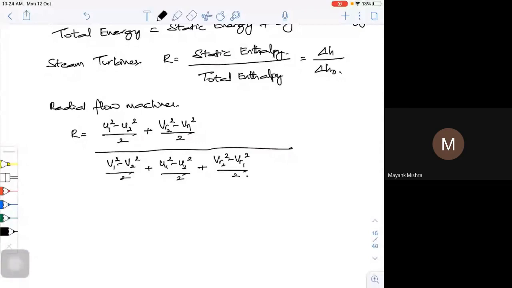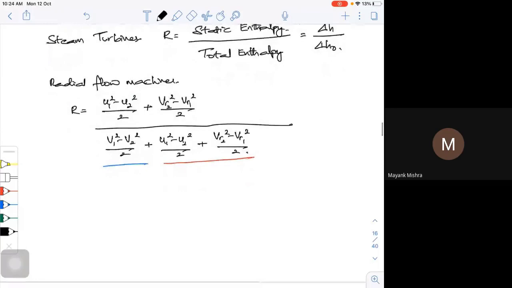So what is this actually? If you look at it, this is your static component and this is your dynamic component. The total will give you your total energy component. This is how I can write it for a turbine.